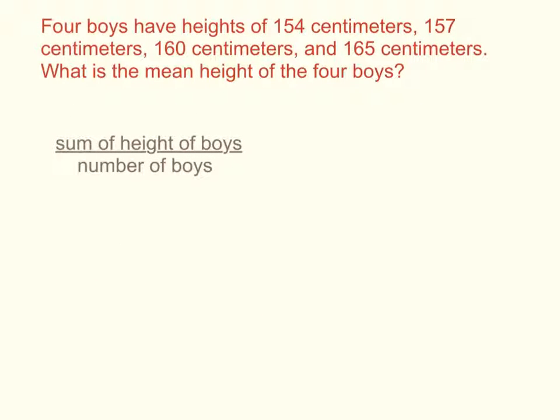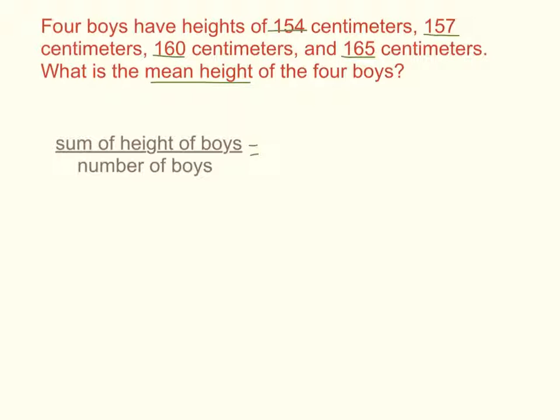Let's look at another example. And while we're looking at this, we'll underline the important information that we need in the problem. 4 boys have heights of 154 centimeters, 157 centimeters, 160 centimeters, and 165 centimeters. What is the mean height of the 4 boys? So we know that we're going to do the sum of the height of the boys divided by the number of boys.